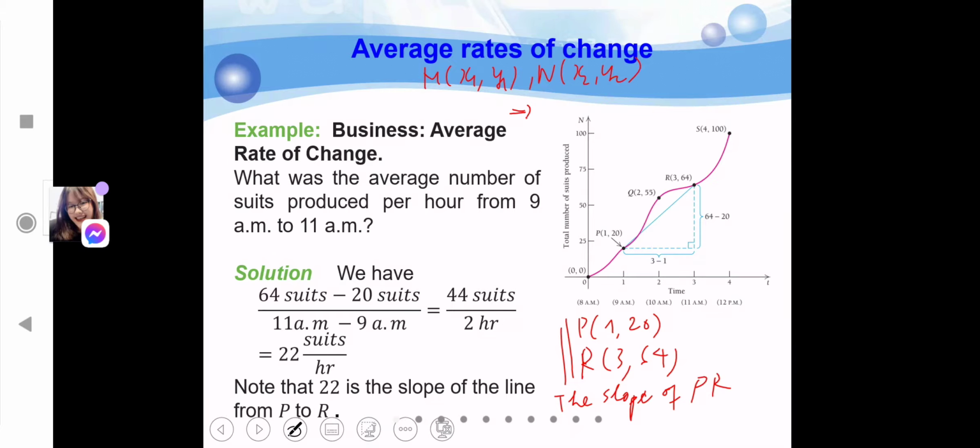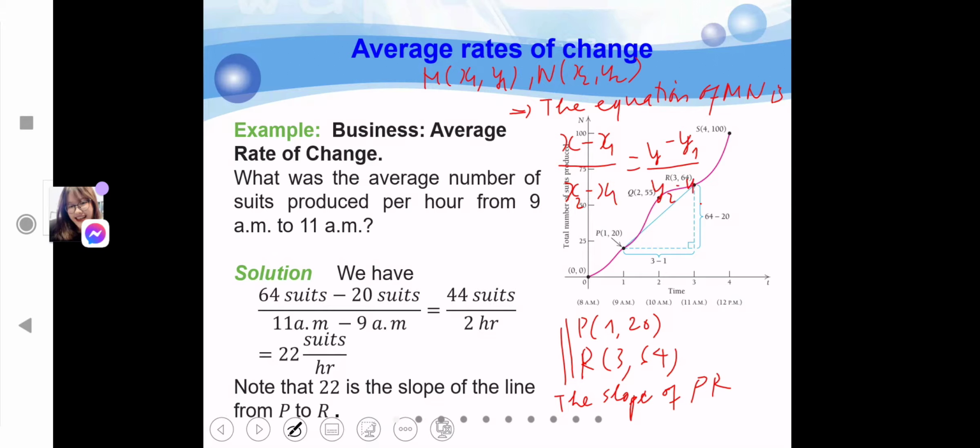The equation of MN is (y minus y1) over (y2 minus y1) equals (x minus x1) over (x2 minus x1).